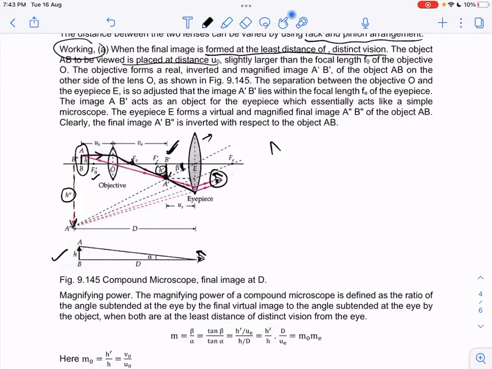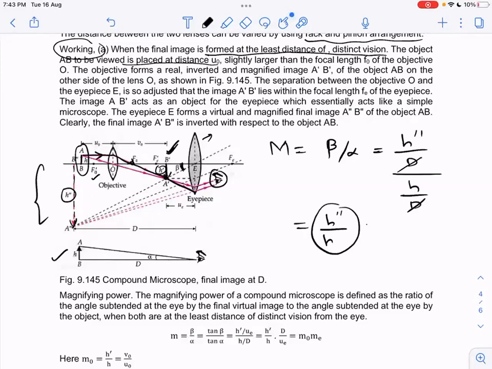So the magnifying power is beta divided by alpha. Beta is h double dash divided by d, and alpha is h divided by d. This and this get cancelled, giving h double dash divided by h, which is also the linear magnification. So in the case of a compound microscope as well, the magnifying power is equal to the linear magnification.